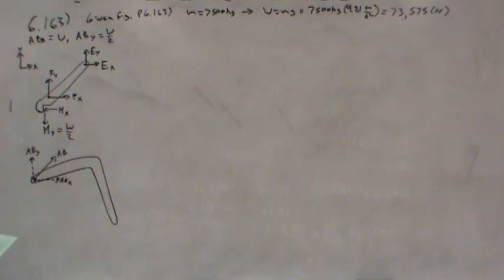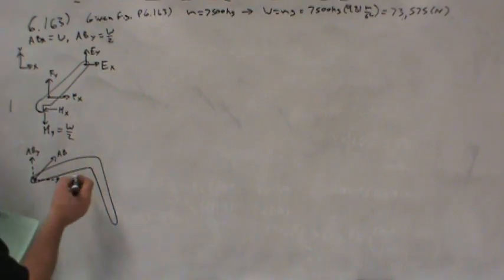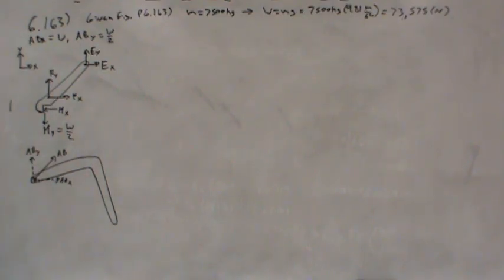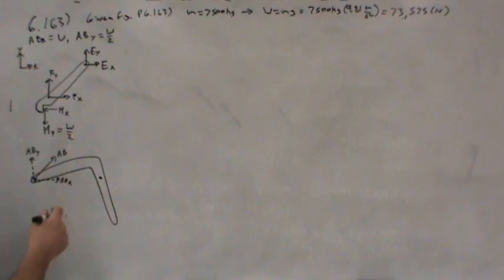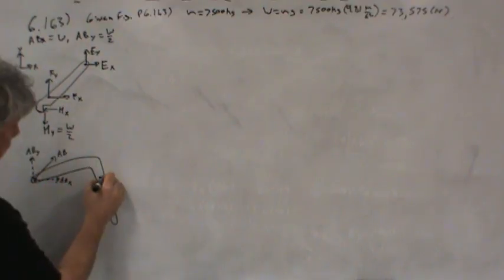Okay, no big deal. Now, this member connects to point E right about there. This is point E, that's point E, they are together. Since I have 2 free body diagrams and I'm going to reuse these forces, I have to have equal and opposite forces.